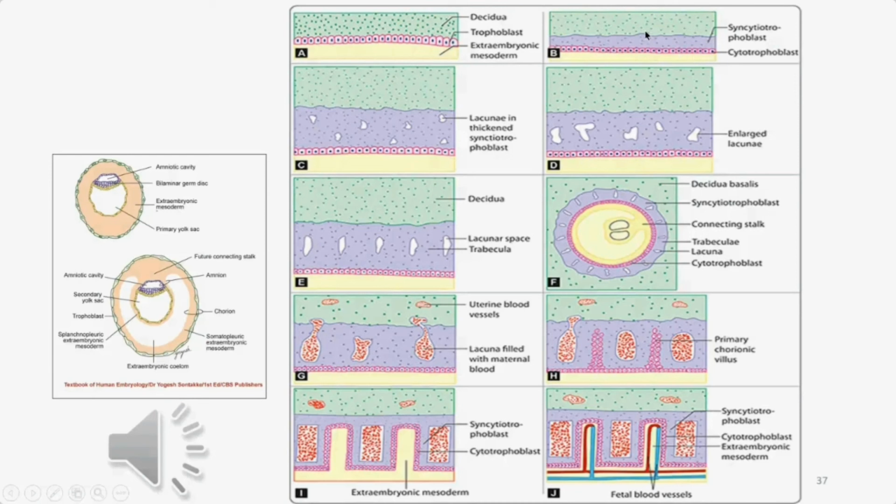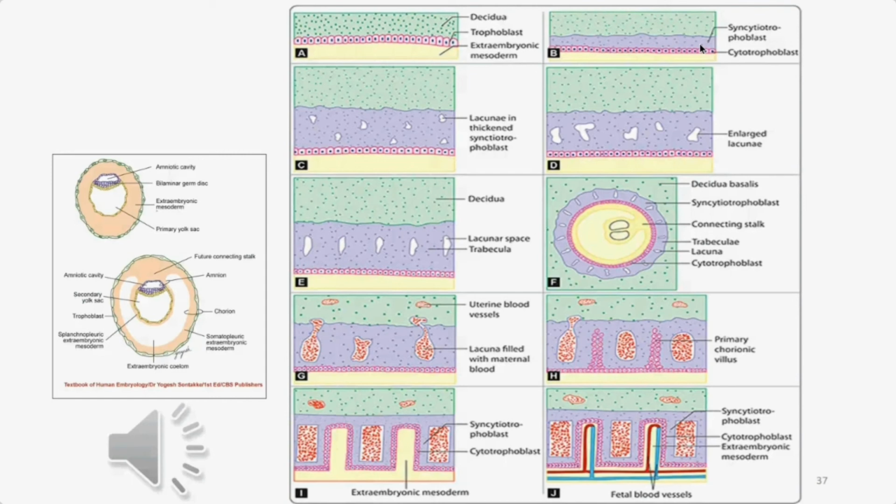So the trophoblast divides into the cytotrophoblast and syncytiotrophoblast.